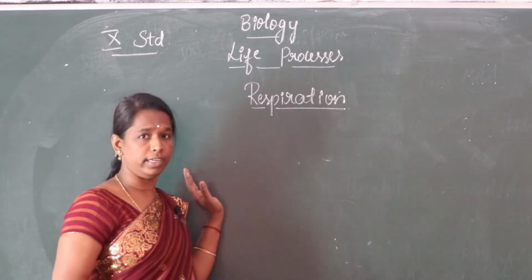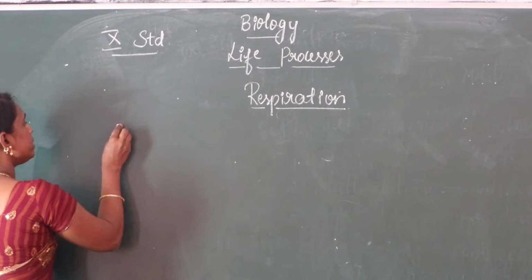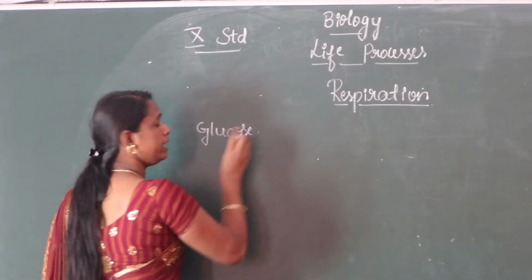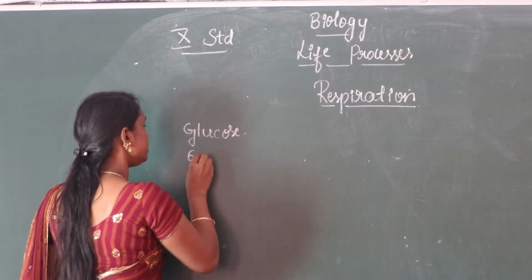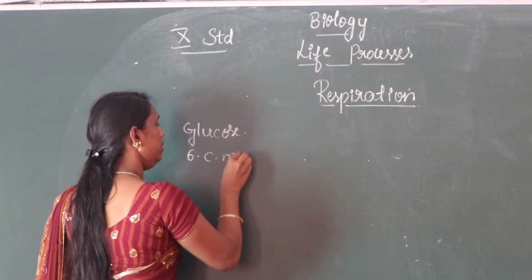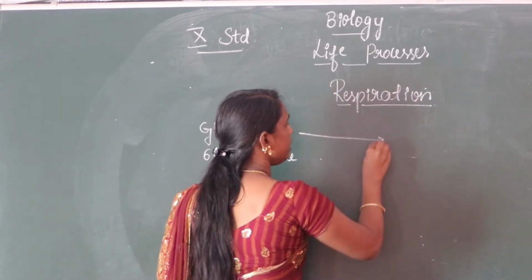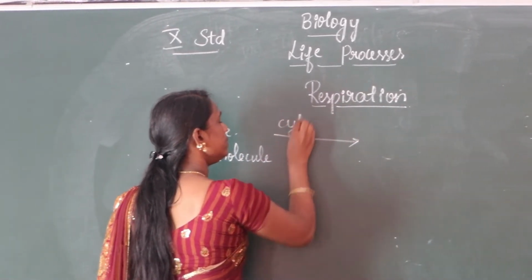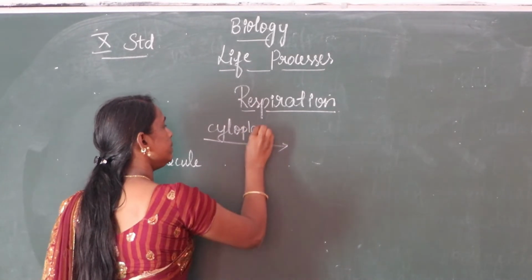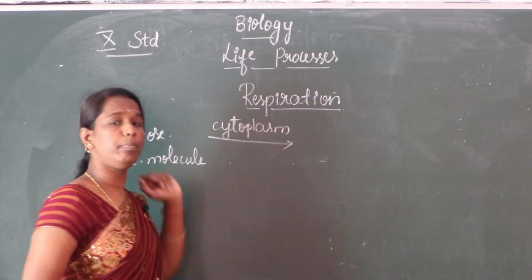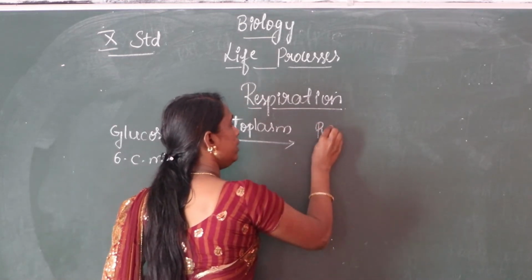Here is one important equation. Glucose, a 6-carbon molecule, in the presence of cytoplasm is converted into the pyruvate molecule.